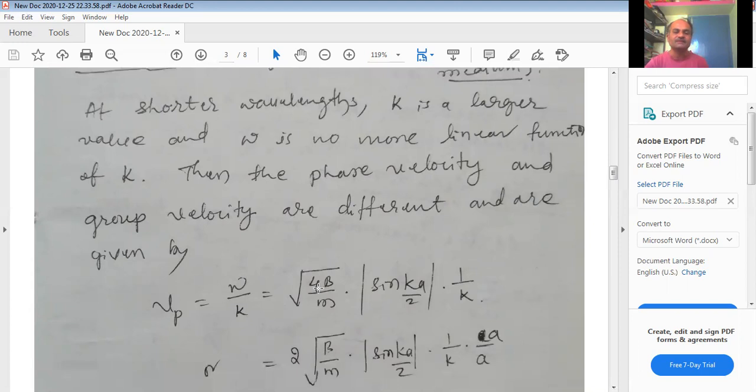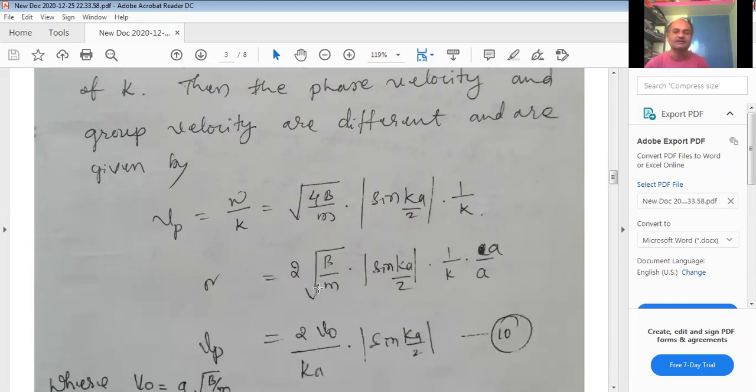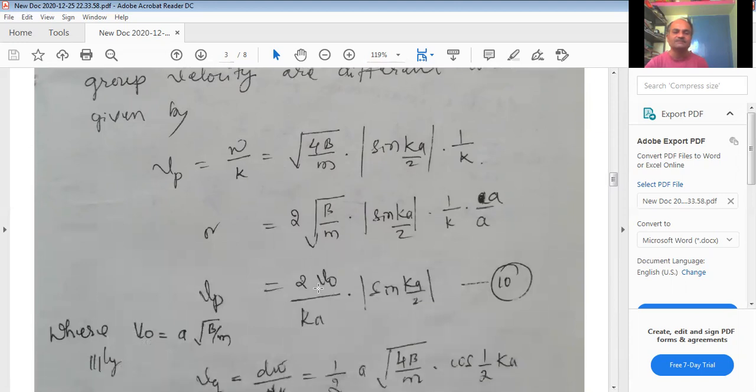So therefore the phase velocity and group velocity are different, and they are given by Vp, the phase velocity, is equal to omega over k. This is equal to root of beta upon m into sin of ka by 2 into 1 over k. That means we have divided the equation 6 dispersion relation by k, and simplify this equation like this.